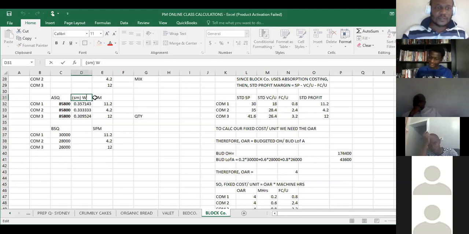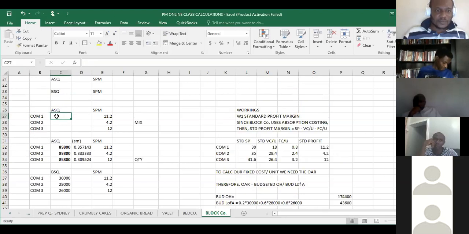All right. And then we have that. And then finally, we go up. What's our actual sales quantity? We already have that. Okay, so our actual sales quantity is 26,000, right? Actual was 29,800.